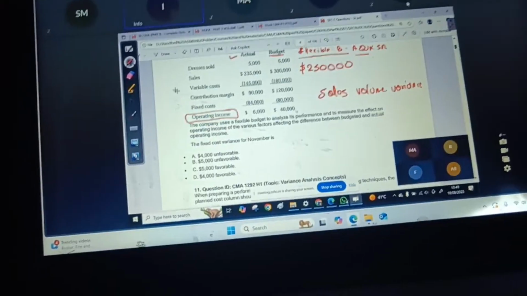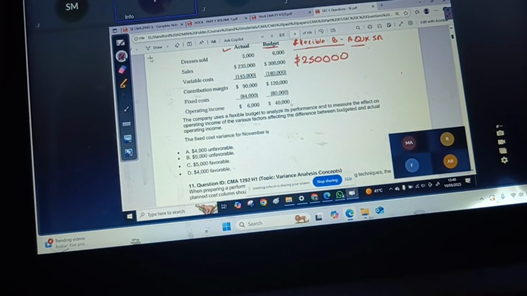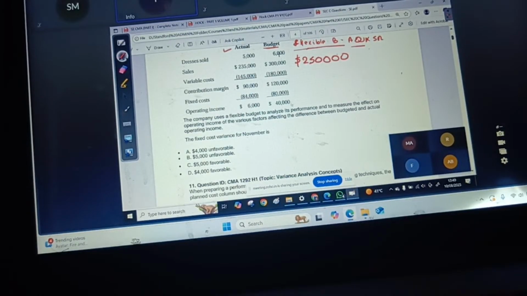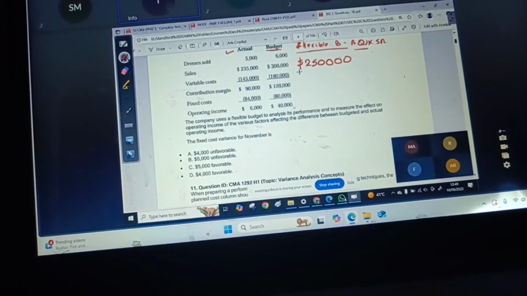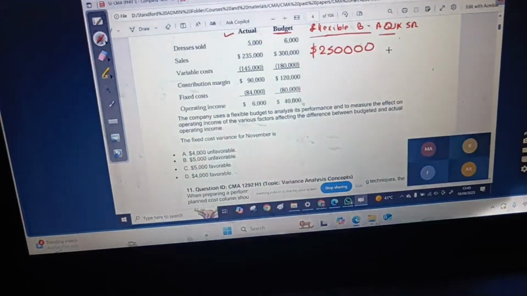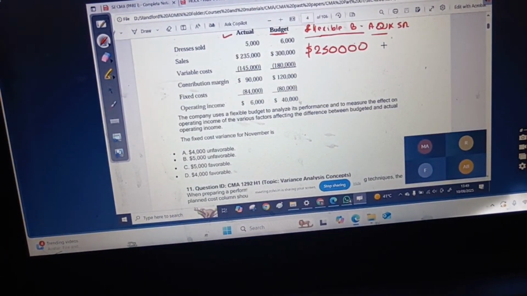So typically you have to make the same statement once again for the flexible budget. Now, I'm just taking an example or a comparison between master budget and a flexible budget. Is it favorable or unfavorable between master budget and flexible budget?